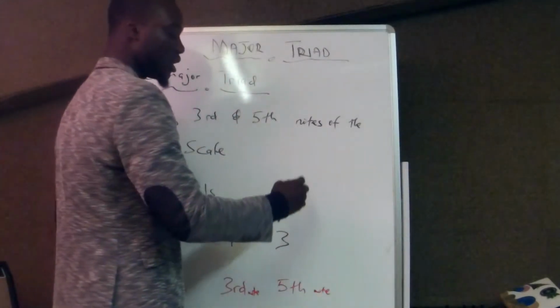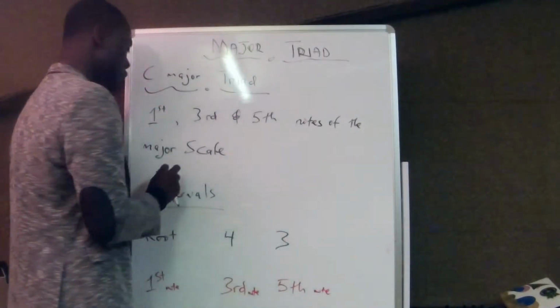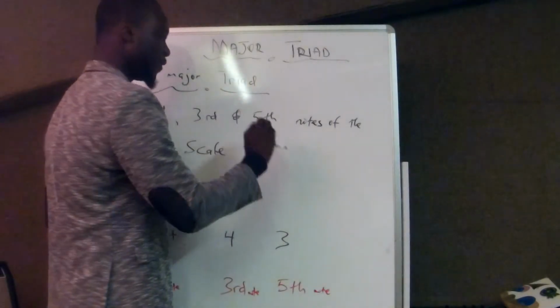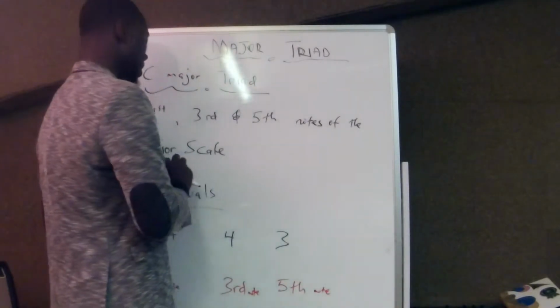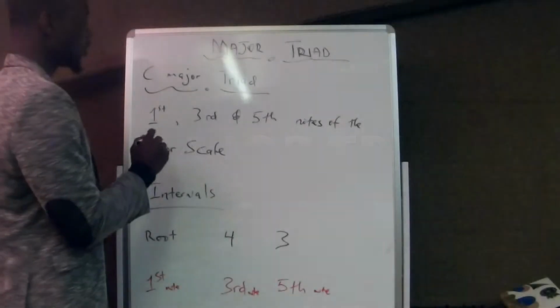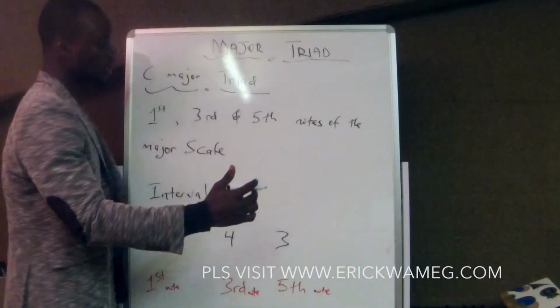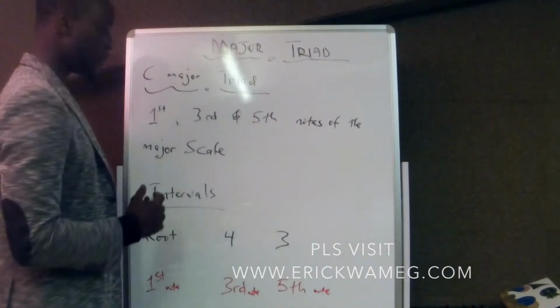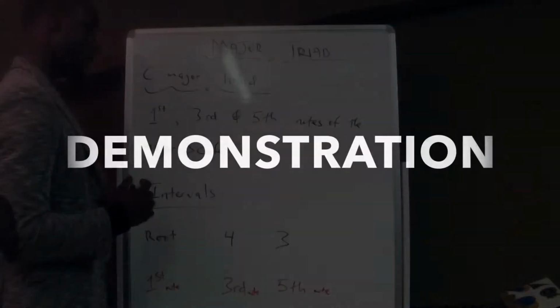I just showed you the major scale. So what you're going to do, you're going to pick the 1st note, the 3rd note and the 5th note of the major scale to form your triad. So in C major, you play the C major scale, find your 1st, 3rd and 5th notes, and then you have your C major triad.